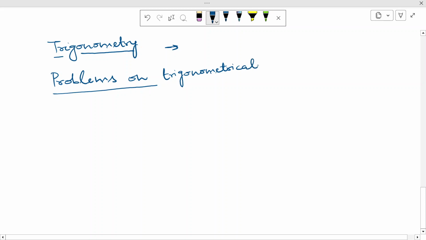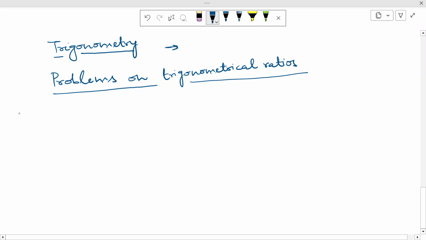So we will discuss some problems so that you can have a clear understanding of the concept of these trigonometrical ratios.